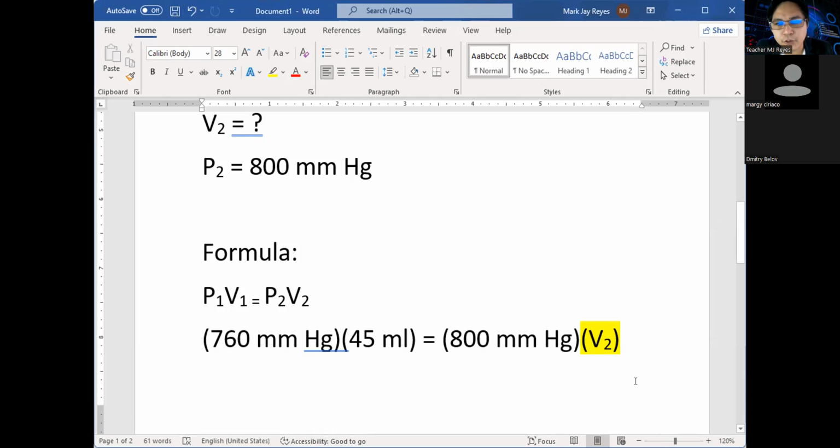To solve for this, we need to cancel 800 millimeter of mercury. How can we cancel?